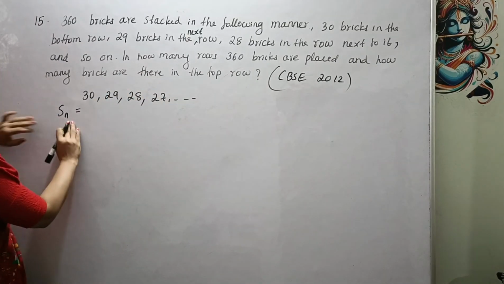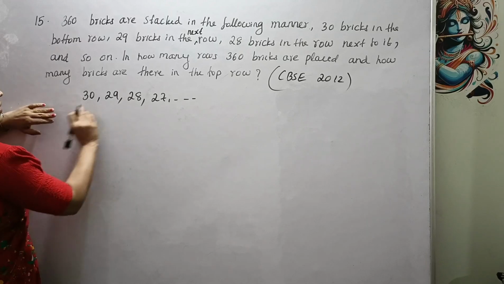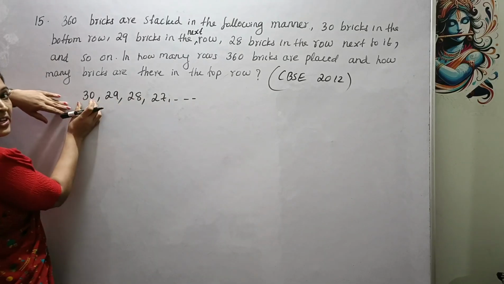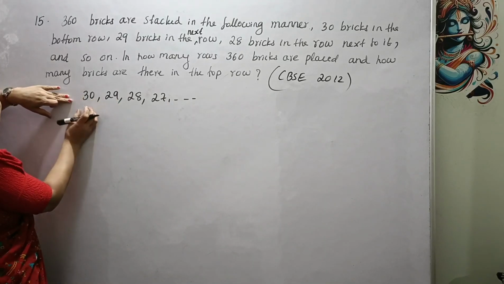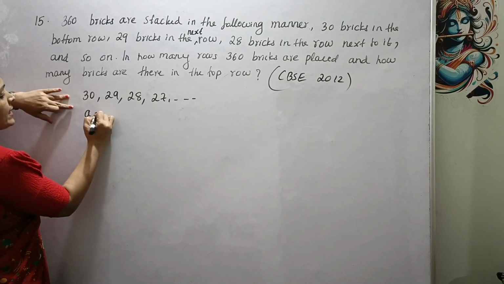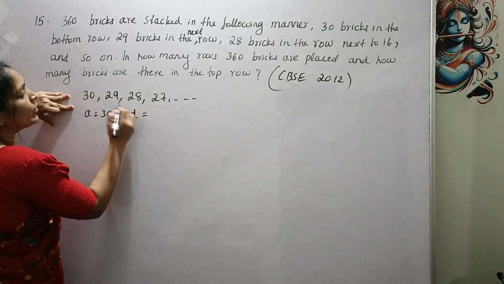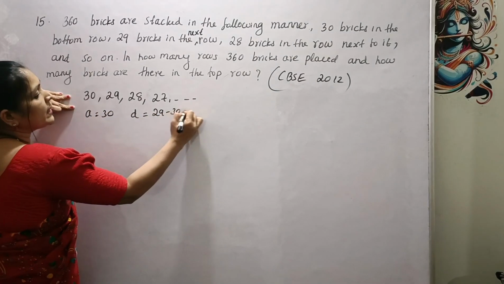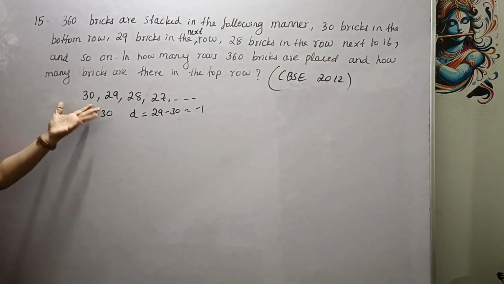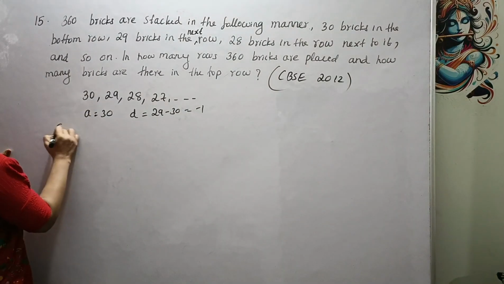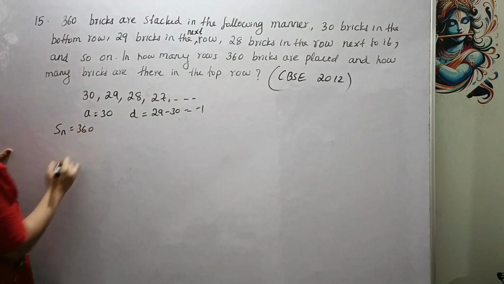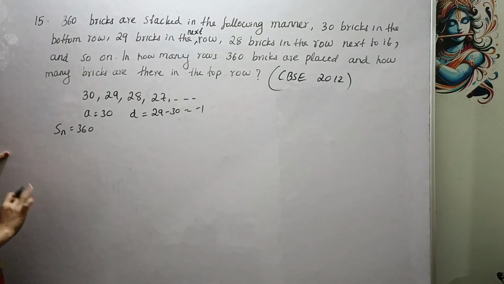Now first of all, we consider the bottom row as the first term. So a is equal to 30 and d is equal to 29 minus 30, that is minus 1. It's an AP. Now Sn is equal to 360. There are total 360.